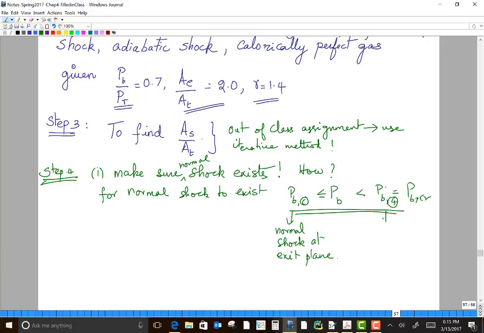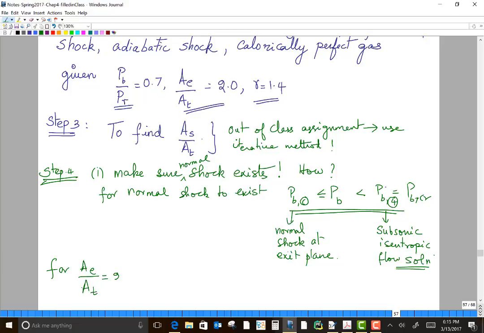So this is the subsonic isentropic flow solution. Okay, so how do you compute this PB4, right?